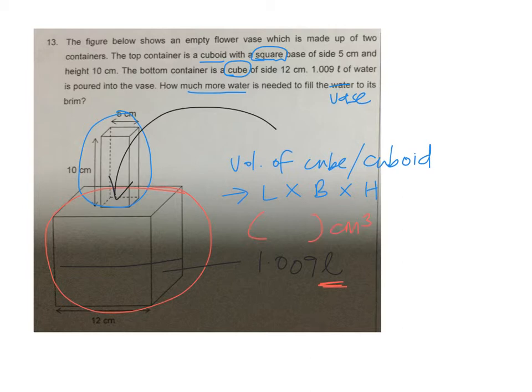You need to remember to convert the measurement, otherwise your answers will be wrong. So don't say I am unkind. I'm going to write it here. 1 liter equals to 1,000 cubic centimeters. Work out this step first before converting it to liters. Is that clear?